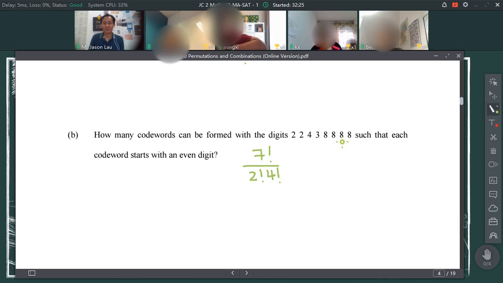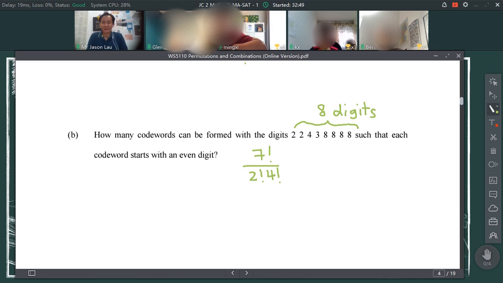Why minus 1? Because you have to start with an even digit, but there's only one that is odd, which is 3. Altogether there are 8 digits. So she minus 1 already. Each code word starts with an even digit, but there's only one that's odd.